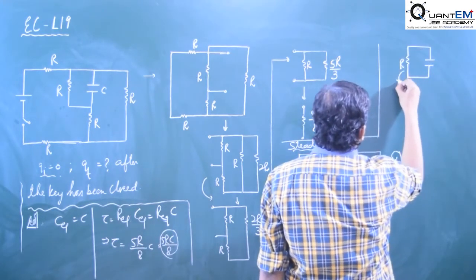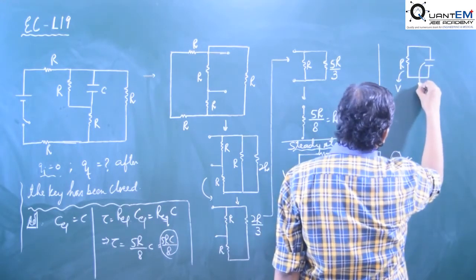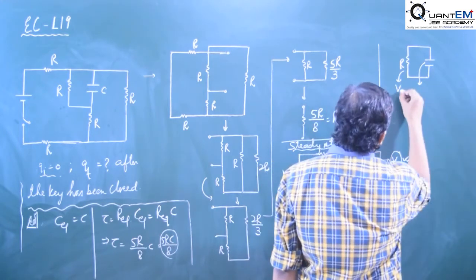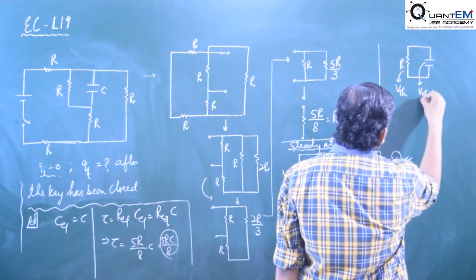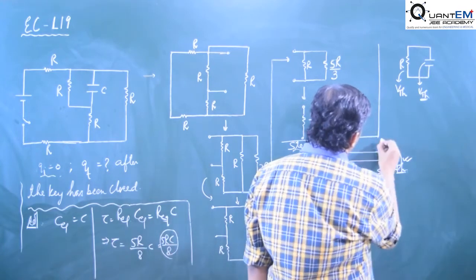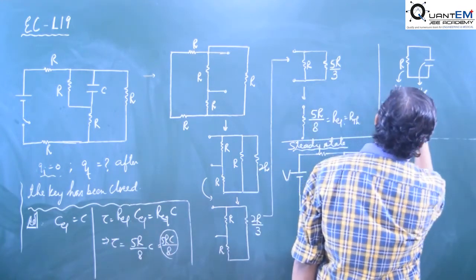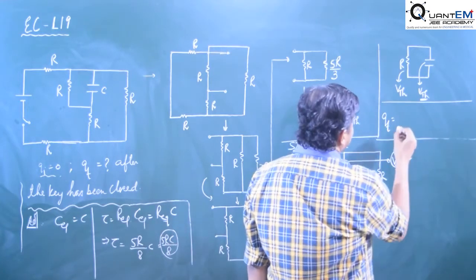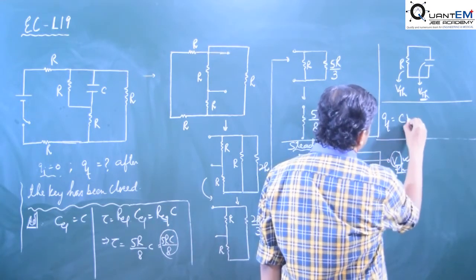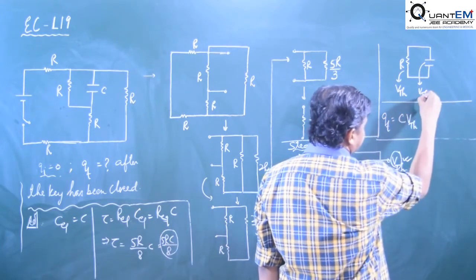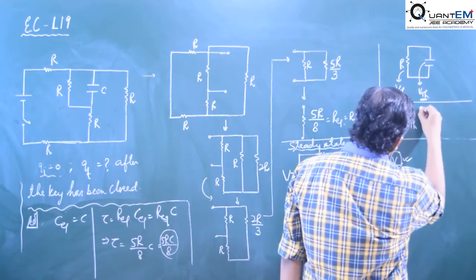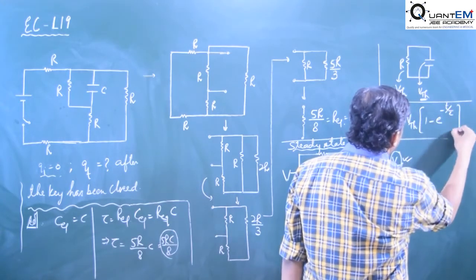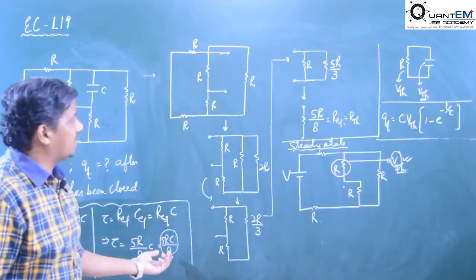So after solving this circuit, you come to again the capacitor circuit. If voltage here is V, then across the capacitor also this voltage will be called VTH. This voltage is called the Thevenin voltage. Now you will have to use the formula: charge across capacitor at any time t is equal to C into Thevenin voltage that you have found here, into 1 minus e to the power minus t by tau, and tau we have determined here, it is 5RC by 8.